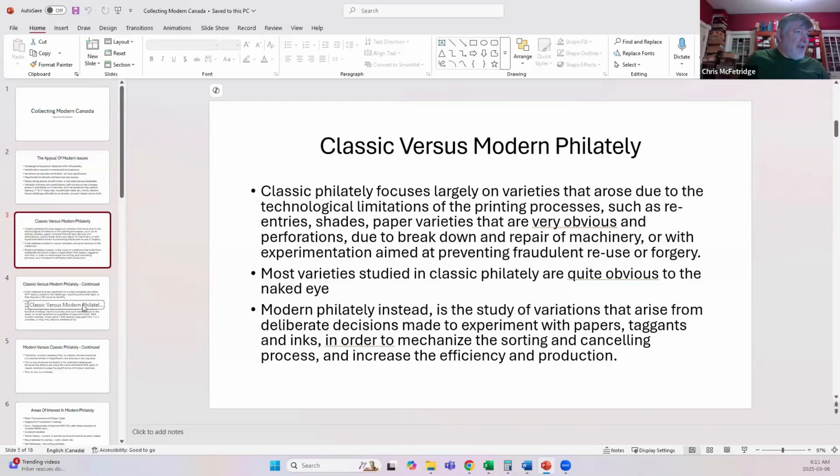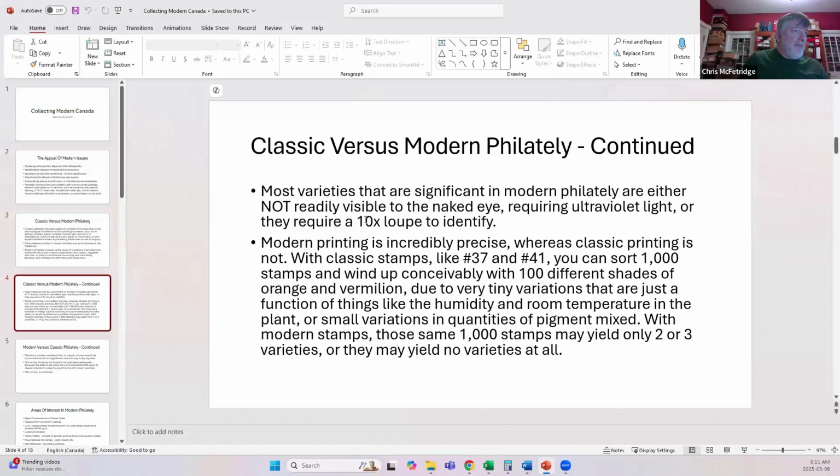Most varieties that are significant in modern philately are either not readily visible to the naked eye, requiring ultraviolet light, or a lot of times you need to have a 10 power loupe to see them. And so the fact that they're not readily visible does not diminish their significance. It's simply a function of the fact that modern printing is incredibly precise. I mean, everything now is done by computer, colors are mixed by computer, and they're perfect reproductions.